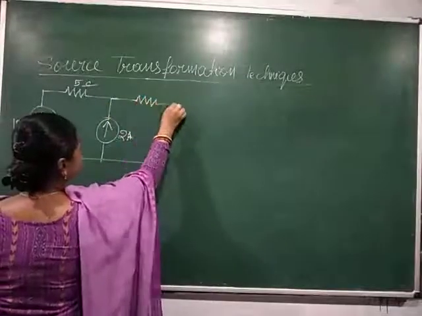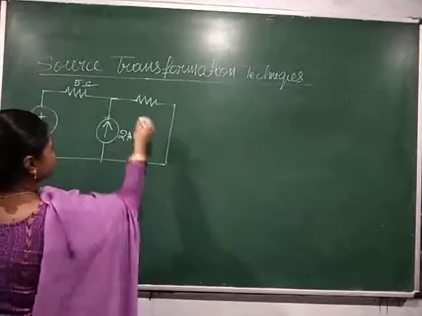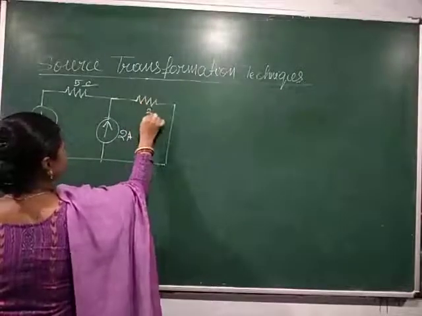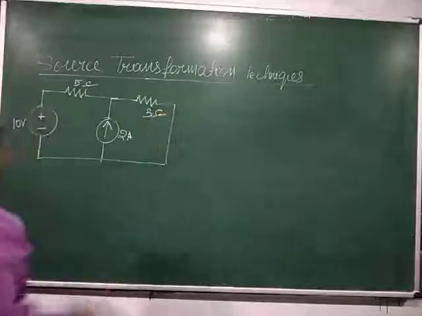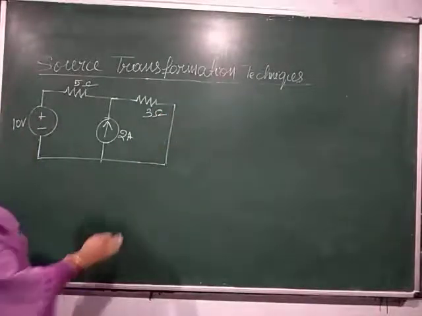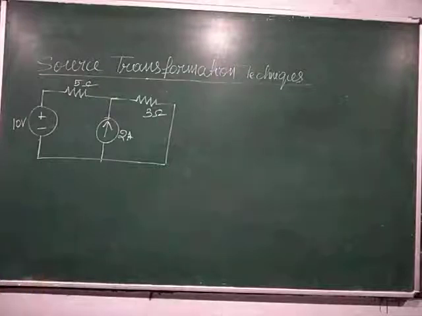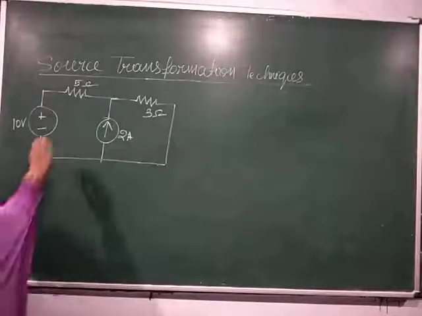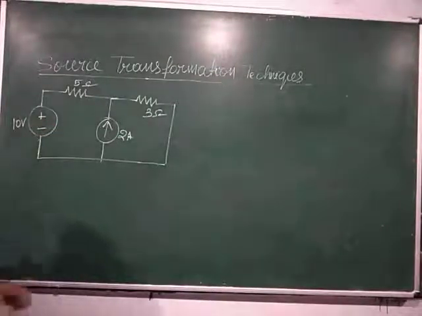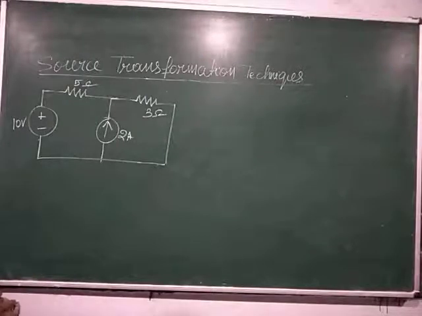Here one resistor is there and its value is 3 ohm. The question is to find the voltage drop across the 5 ohm resistor.